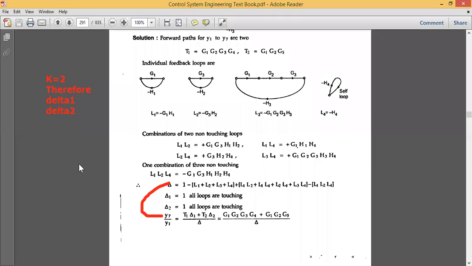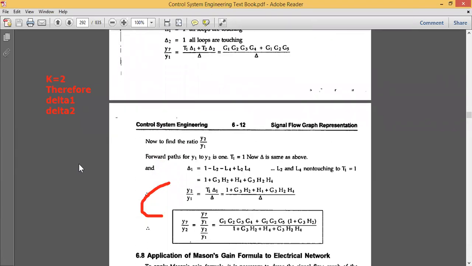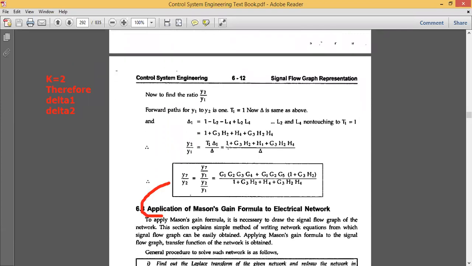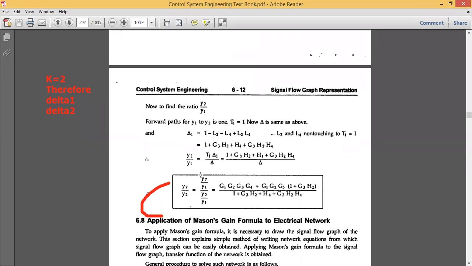To substitute the value of delta, just check here. This is how to find the value of delta, and this whole value will give you the transfer function.